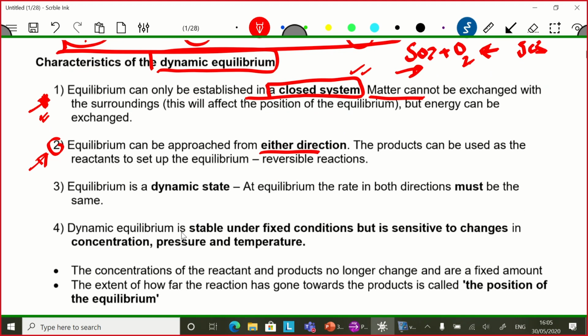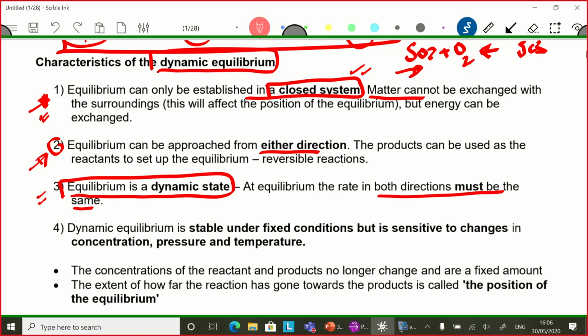Equilibrium is a dynamic state. Dynamic state means that the reactions in both directions must be happening at the same rate. What I mean by this is that the reaction doesn't stop. If you have a reversible reaction at equilibrium, the reaction doesn't stop. You may see that you're not producing any more product.